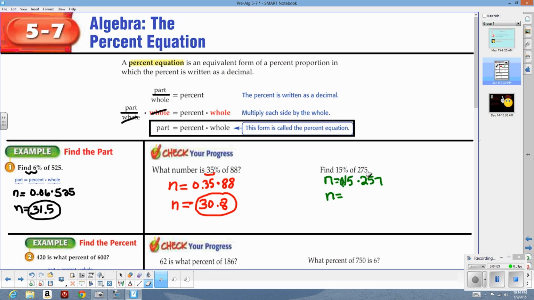Whoops. We better fix that. That's why it's always a good idea to check your work. So 15 hundredths times 275, that's going to equal 41 and 25 hundredths. 15% of 275 is 41 and 25 hundredths.